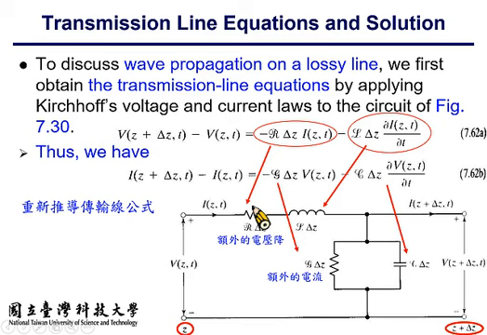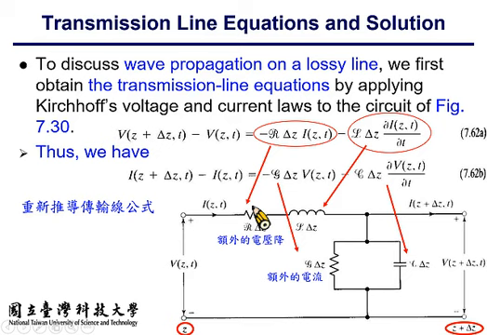Now, the voltage drop corresponding to the series resistor will be the resistance, that is R times delta Z, times what? Times the current. So you have R delta Z times I at the position Z and time t, and it exhibits a voltage drop, so you have a minus sign at the front.